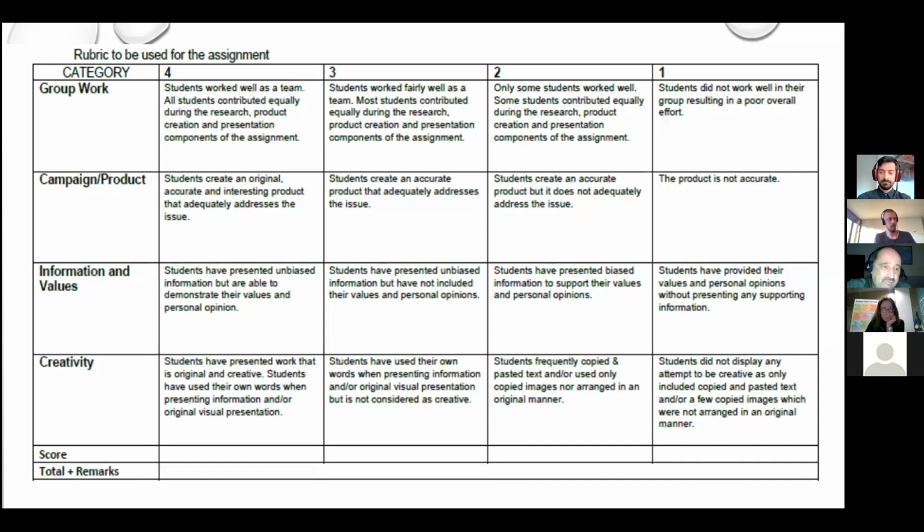And we have there 4 parameters. How good was the group work? And this can be done for every individual student to see his or her contribution. The product, the presentation they came up with, and then of course the more cognitive part that sort of shows the level of discussion of each group, the values that were demonstrated, and finally the level of creativity, for example, in the way they presented their work, or the way they carried out their research, or the way they validated their work to decide what was useful and what wasn't.